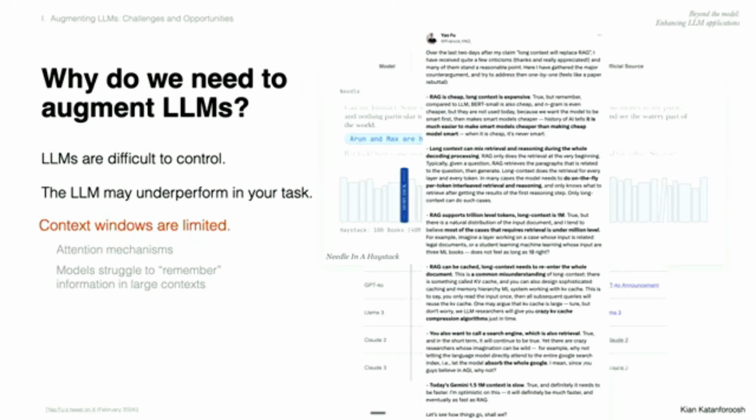The debate that this tweet from Yao Fu outlines is, in theory, if we have infinite compute, then RAG is useless because you can just read a massive corpus immediately and answer your question. But even in that case, latency might be an issue. Imagine the time it takes for an AI to read all your drive every single time you ask a question. It doesn't make sense.